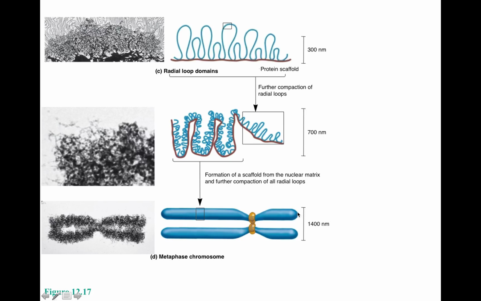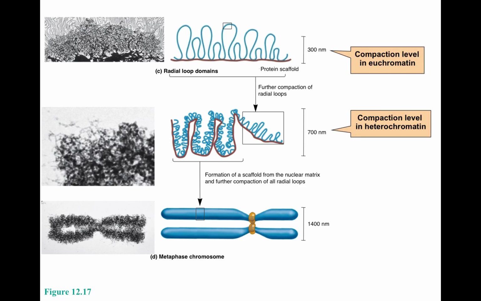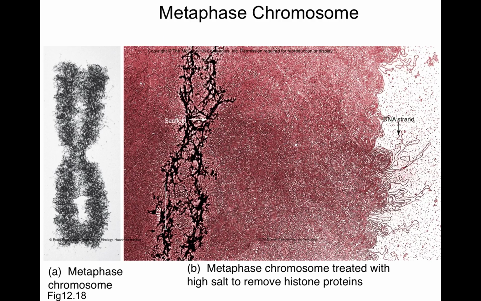And finally, when you have a bivalent metaphase chromosome, the width of that is approximately 1400 nanometers. Here's a metaphase chromosome with the scaffold, and a lot of the proteins extracted leaves you this pattern of swirly DNA right here.